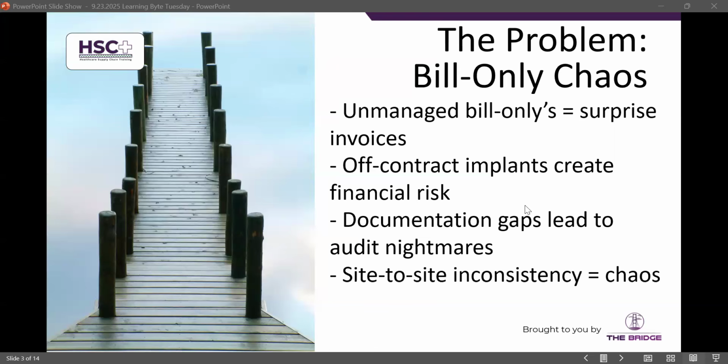The next piece is that documentation gaps lead to audit nightmares. If you do not have it documented properly what was utilized on the case and on that patient, and what is being fed into your EHR or EMR system, so Epic or Cerner, the electronic health record or medical record, and the charge nurse is not billing that accurately, those documentation gaps lead to auditing issues.